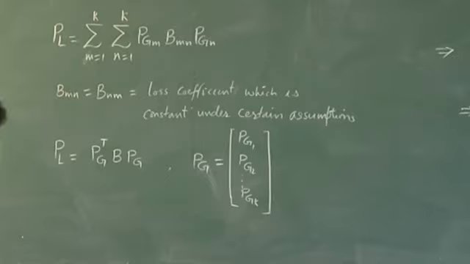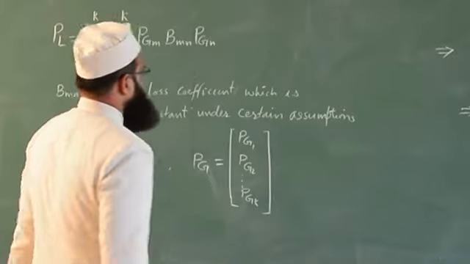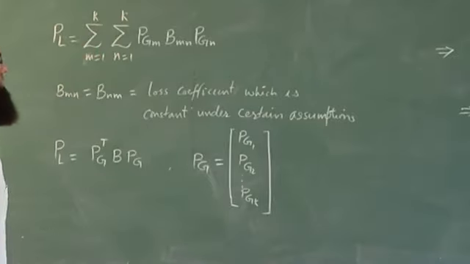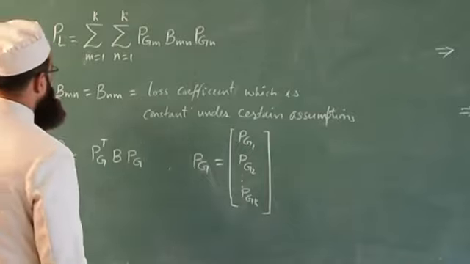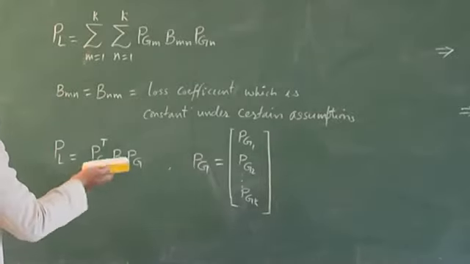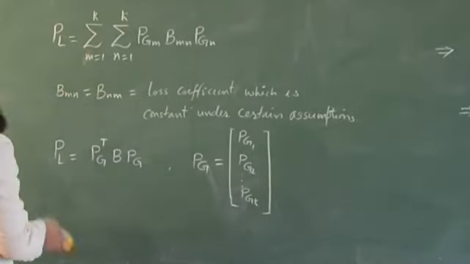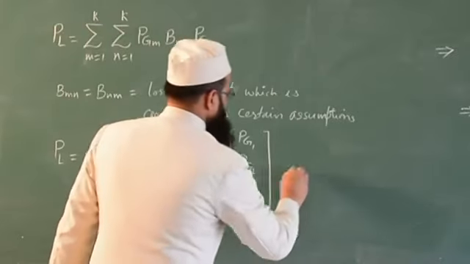Let us write it for a 3 plant system. Suppose there are 3 plants only, K is equal to 3. Corresponding to that, what about B?